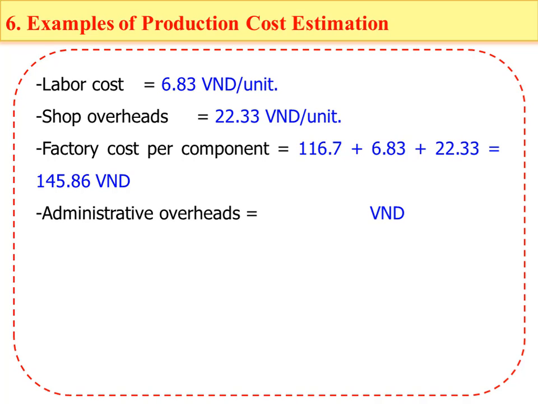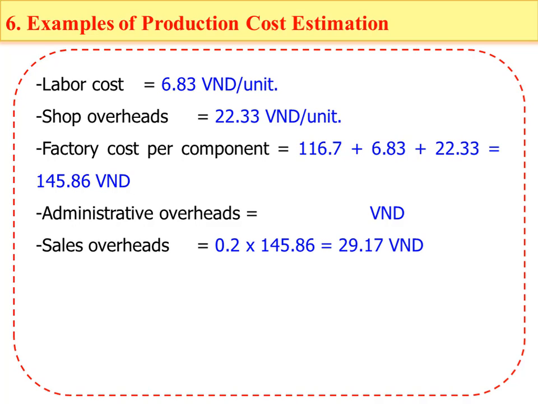145.86 Vietnam dong. We must calculate the administrative overhead in addition, which is 13 Vietnam dong, and it is calculated by the administrative overhead multiplied by the total time of the 3 processes.